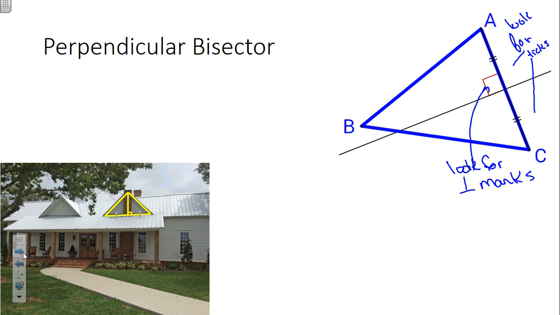If you see a perpendicular mark and you see tick marks, you know you have a perpendicular bisector. Write that down in your little box. The two things that you're looking for: tick marks and right angles. If you find those, you found a perpendicular bisector. Look for ticks and look for perpendicular marks.